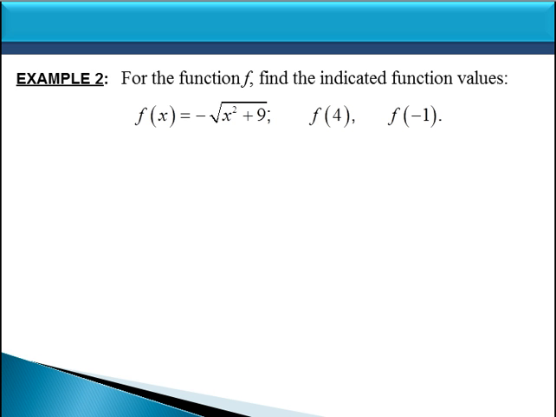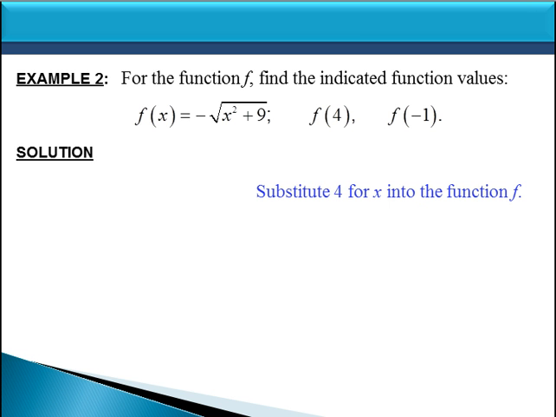Now for this next example, we're going to look at a radical function, in this case a square root function. And we're going to evaluate this particular function f for the values 4 and -1. So remember, when you're evaluating a function for a given value of x, what that means is you're going to replace the x with that value and then simplify that expression.